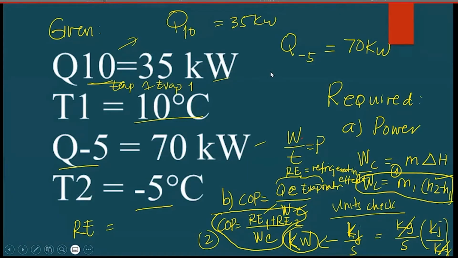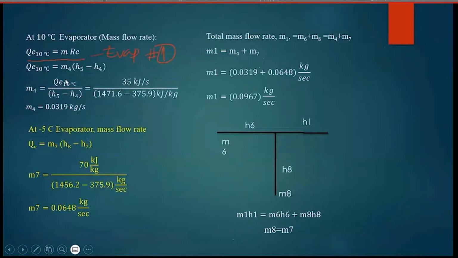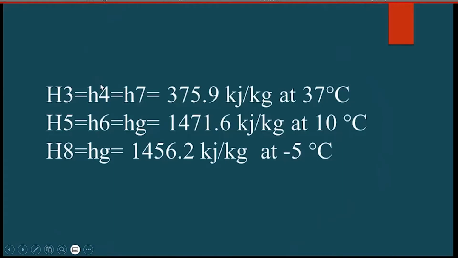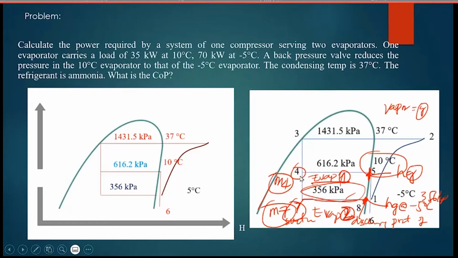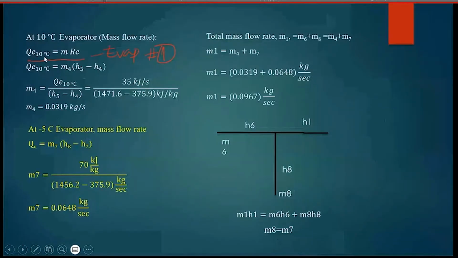So let us go back to this. Here, the heat load at the evaporator at 10 degrees centigrade is M times RE, and the M, as I explained, is M4. M4, the mass of refrigerant coming into evaporator 1 at 10 degrees centigrade, times this RE.